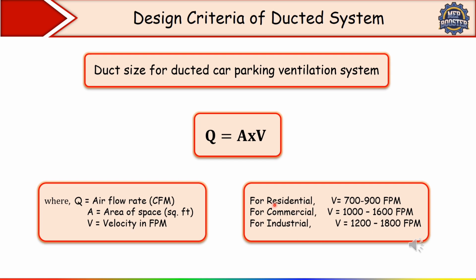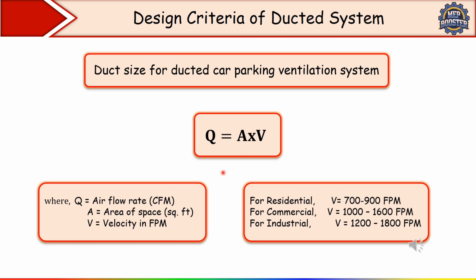It is written that for a residential building we maintain 700 to 900 fpm. For commercial space, velocity 1000 to 1600 fpm, and for industrial areas, 1200 to 1800 fpm. So that much velocity we have to maintain.